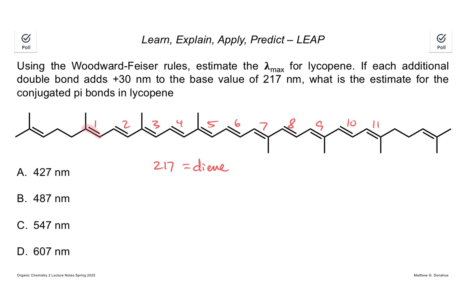So this is what we're starting with. That's your 217. There's 11 total pi bonds, so we have to subtract the diene that we're starting with.